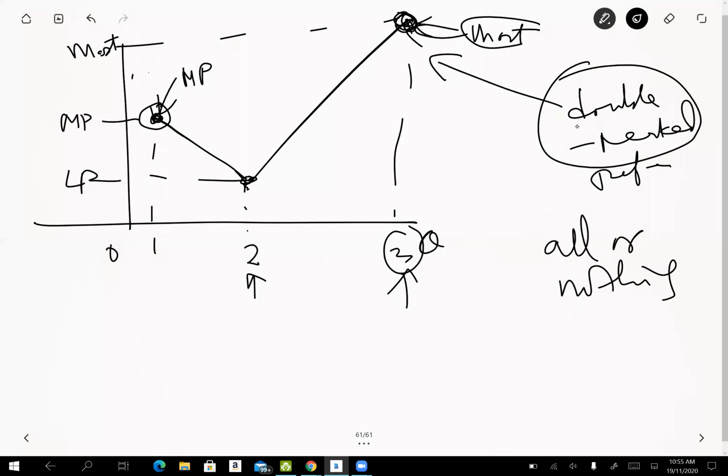For this guy, if I don't get my most preferred choice, which is 3, I will not settle for the moderate choice. I don't want this. So either I get all or I get nothing.